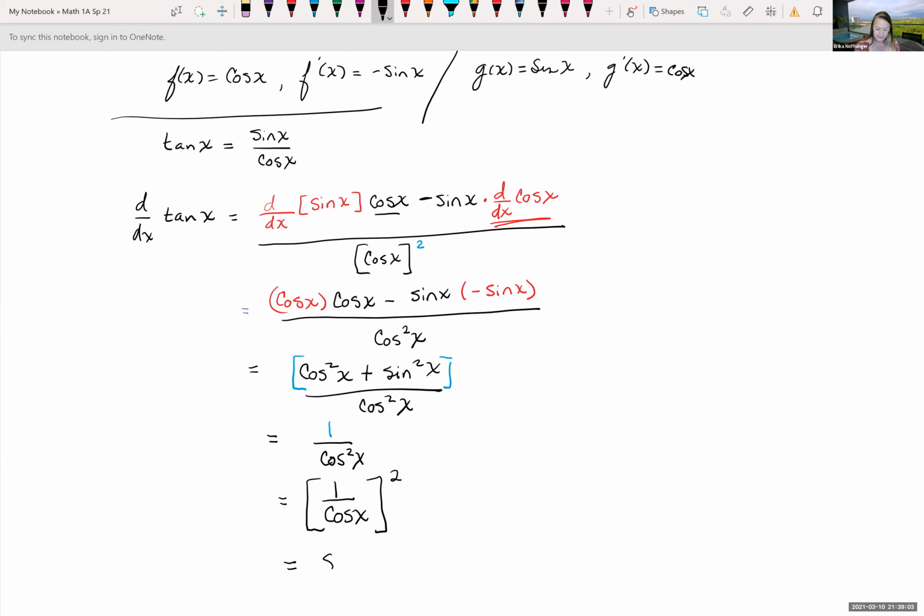So this is secant x quantity squared, which normally we write as secant squared x. So we just derived the derivative of tangent of x. This is equal to positive secant squared x.